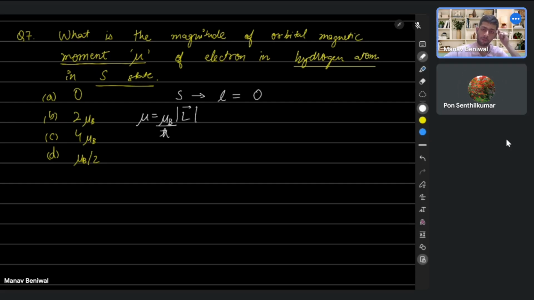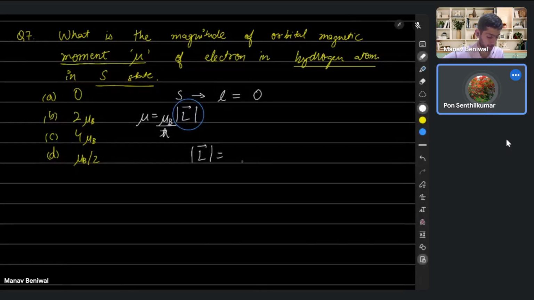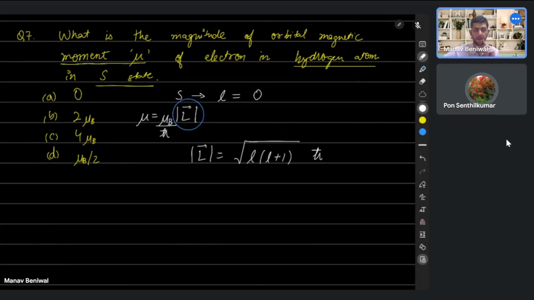Now you have to find out the value of this magnitude of angular momentum. How do you find this magnitude of angular momentum? That is square root of L into L plus 1, correct? And multiplied by h cut.